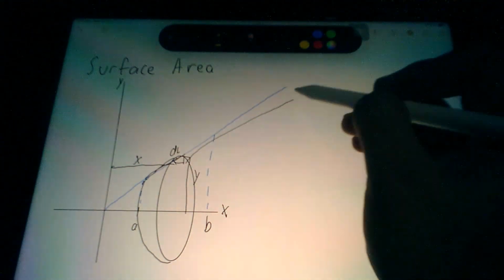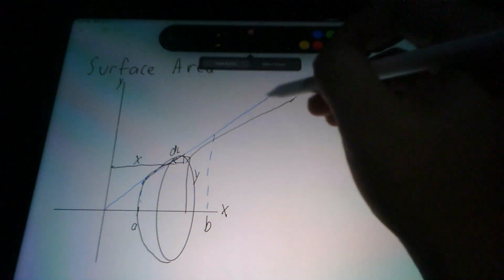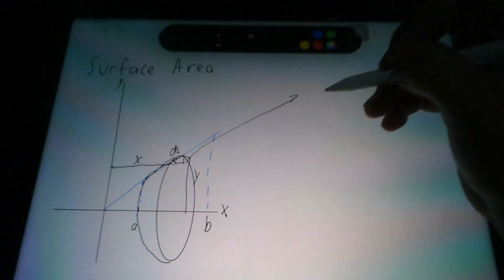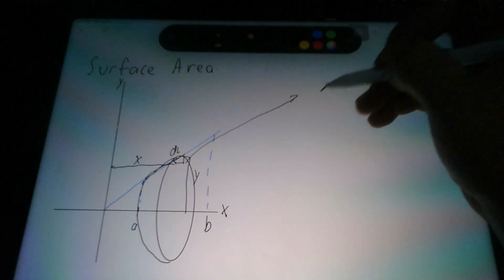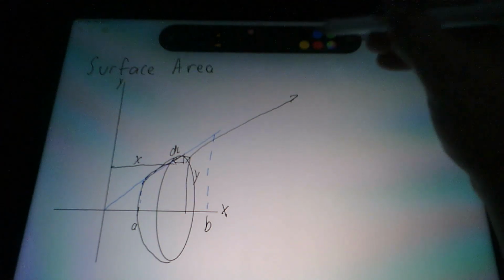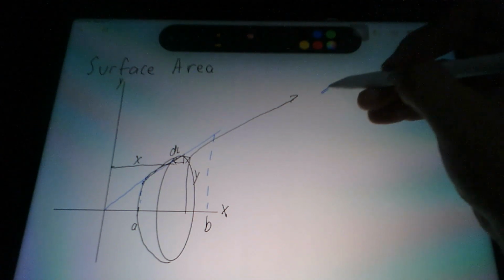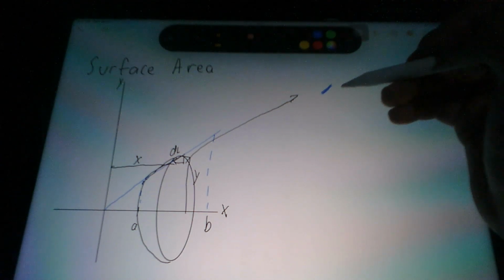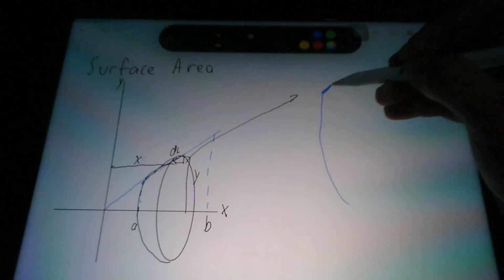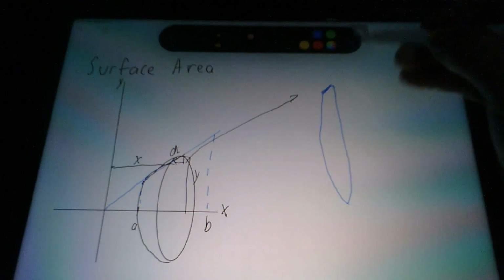Now if we take this disc out, this is our DL, and bounded by the curve. Here, let me draw a circle.